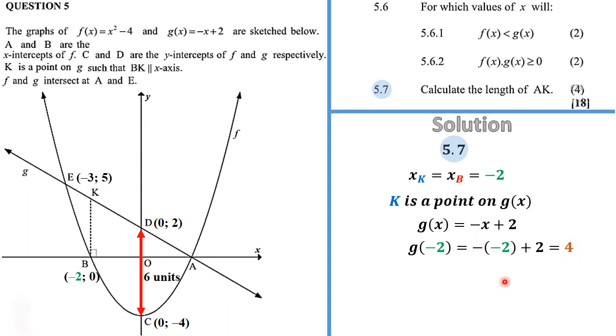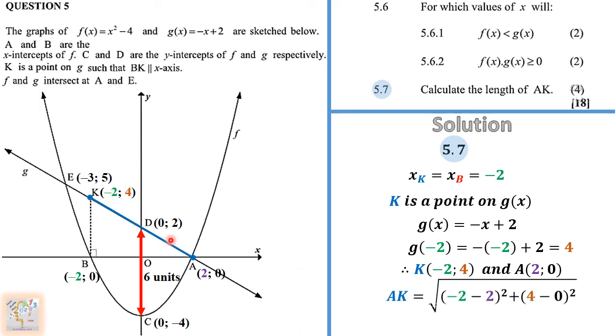So when x is minus 2, the y value is 4. So the coordinates of K are minus 2 and 4. But remember, the value of x at A is 2, and y is 0 because this is the x-intercept.